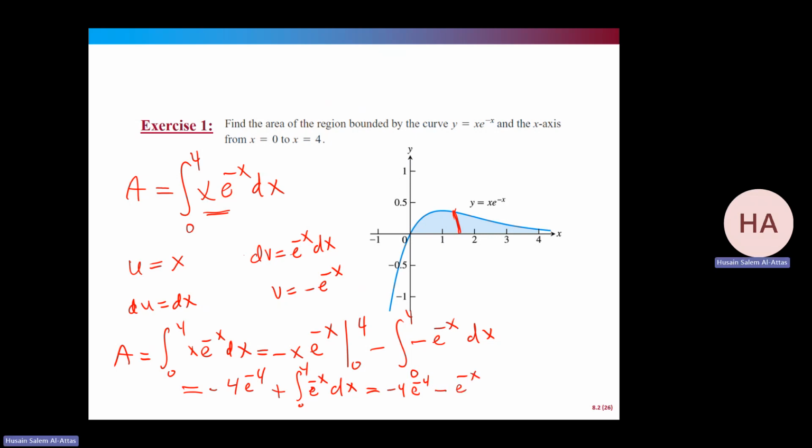Minus e^(-x) from 0 to 4. That gives me minus 4 e^(-4) minus e^(-4) plus 1. So that will be my answer, which is, I can rewrite it, 1 minus 5 e^(-4). Which is the same as this.